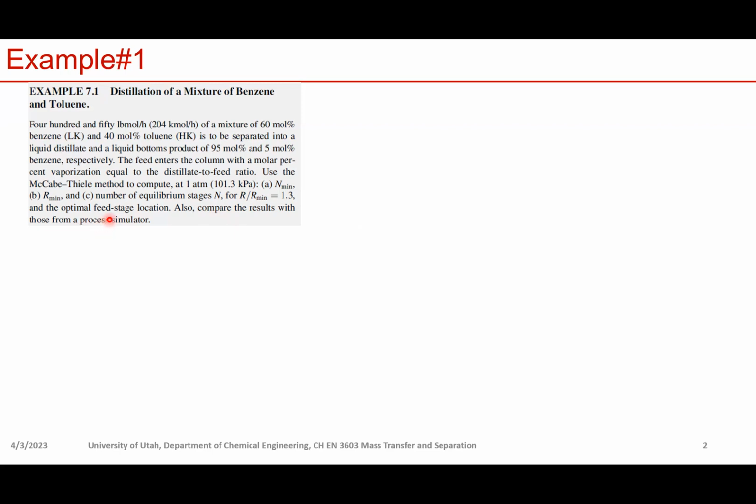Okay. Now let's look at what this problem asks. First, for the minimum number of stages, we've talked about this in our last lecture. When we have a system at total reflux, that means we return all the liquid from the condenser back to the column. Then we have a maximum amount of liquid coming back to the column, and we need a minimum number of stages.